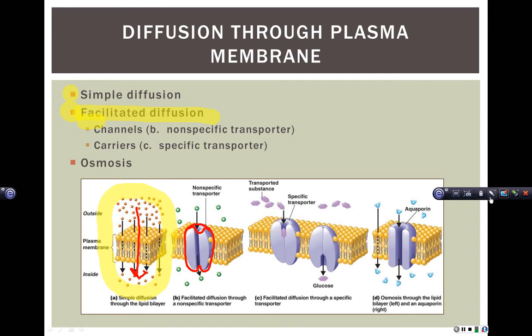Now, there's other integral proteins where the substances that go through basically have to fit like a specific key that fits a specific lock. Kind of try to draw an old school kind of a key here. My grandma actually had these kind of cool old keys.